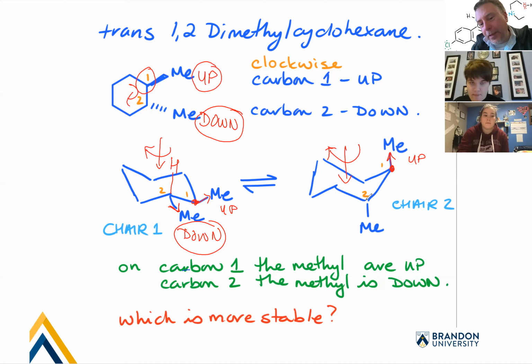In the conformation on the right-hand side, this is a valley, and the group pointing straight down is the methyl group. So both of these conformers are consistent with the two-dimensional drawing. Carbon 1, methyl group up, carbon 2, methyl group down.